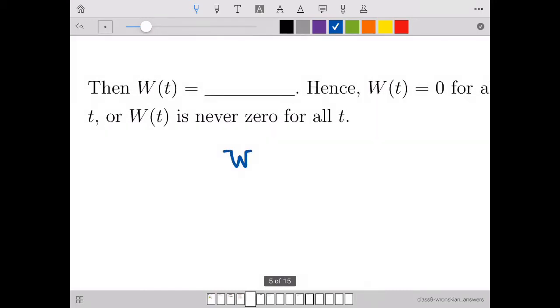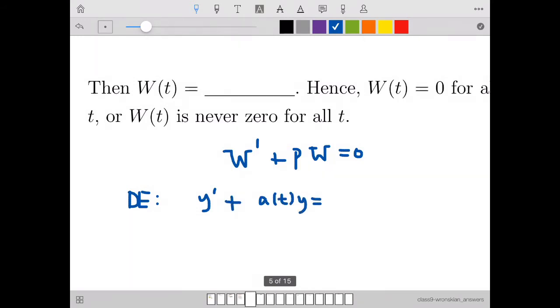The Wronskian satisfies this. So it satisfies a differential equation of the form y prime plus a of t y equals 0, where p is a function of t.